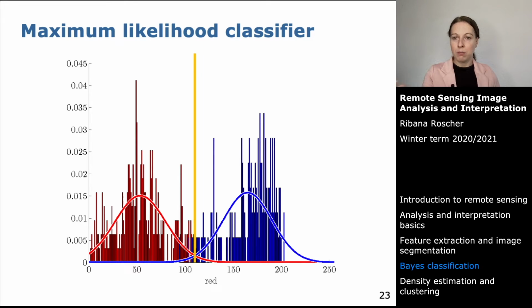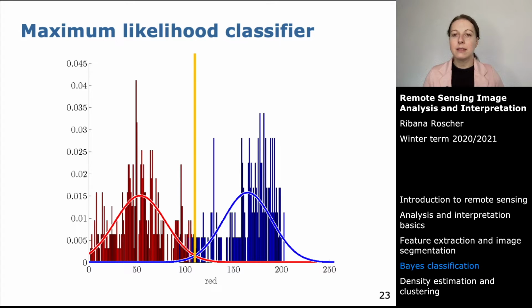So when you pick a value at the x-axis here, you take these two curves, which are your likelihood function for each of the classes, and then you have a look which function value gives you the larger value, and the maximum is an indicator for the class membership for exactly this feature.